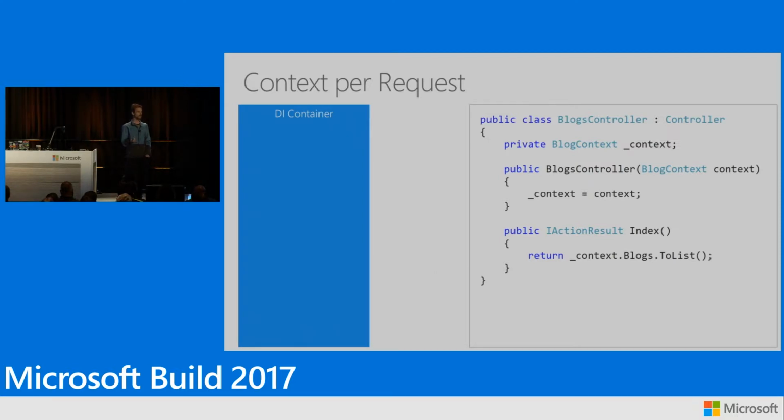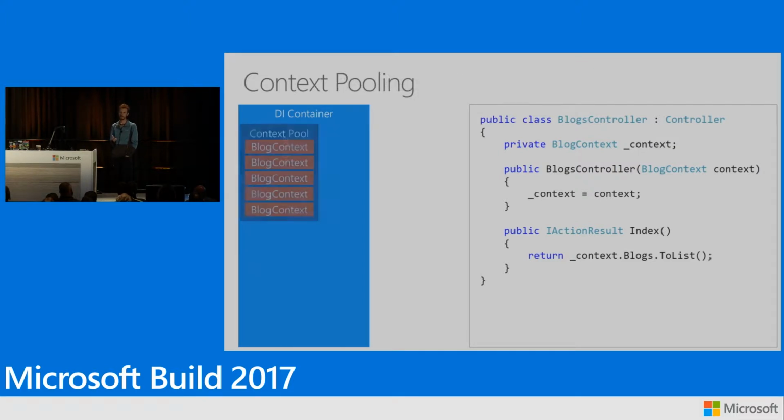Now, the interesting thing about a context, as well as the state of the data, there's also quite a bit of setup that goes into a context. It's not just one class. Under the covers, the context is made up of a pretty big collection of individual services. So that's where context pooling comes in. In my DI container, I have a pool of contexts. A request comes in.